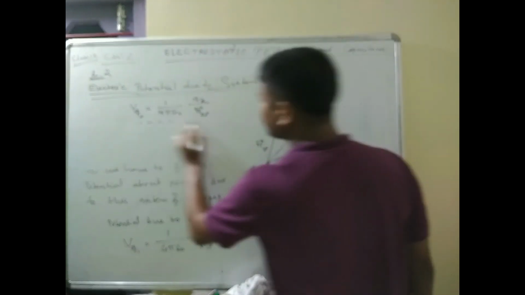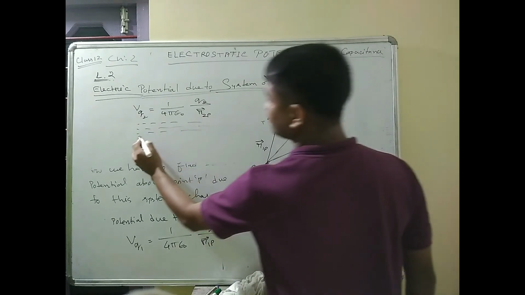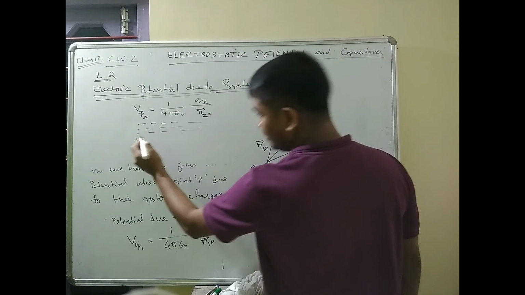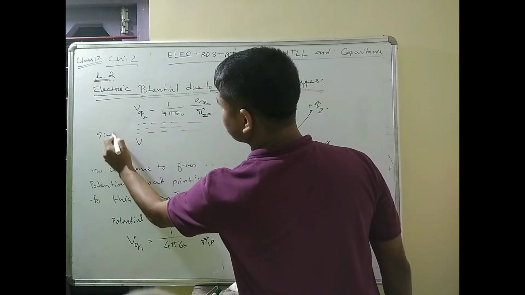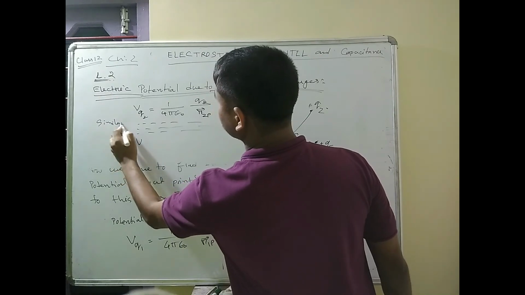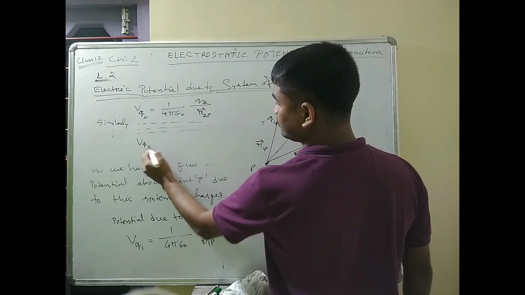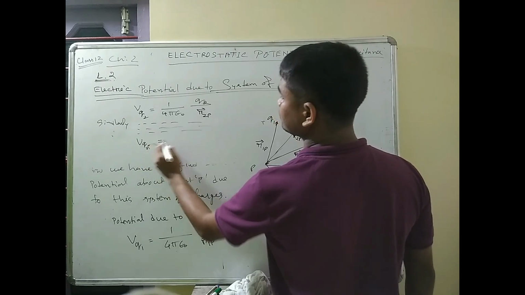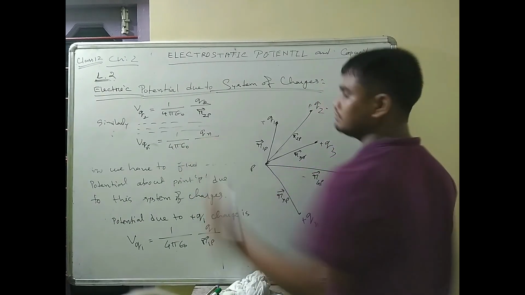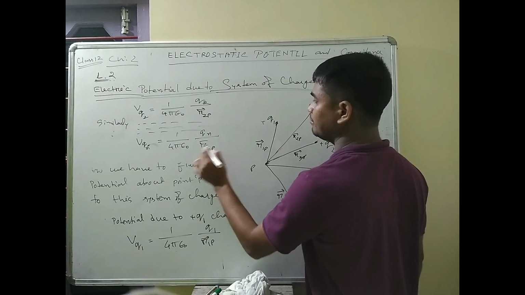Similarly, we can write for Q3, Q4, Q5, up to Qn. The potential due to Qn charge is 1 by 4 pi epsilon naught Qn divided by RnP.